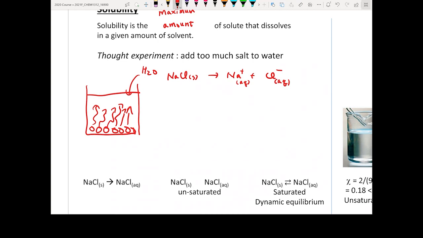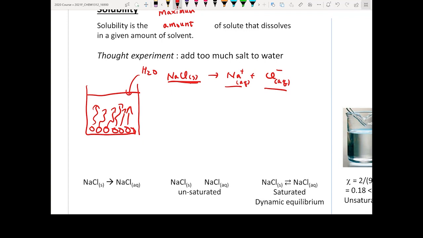You can see I put this little S, which indicates this is salt, a white powder going into the water. If you don't stir, you will see it stay there for some time, but it will disappear, because this ionic salt becomes Na+ and Cl-. Once that goes into the solution, you don't see it anymore.